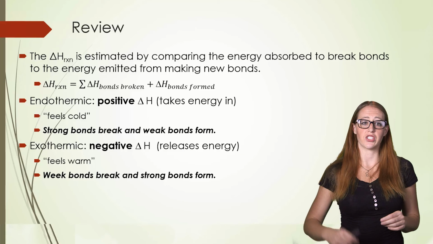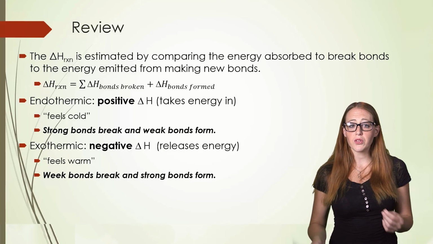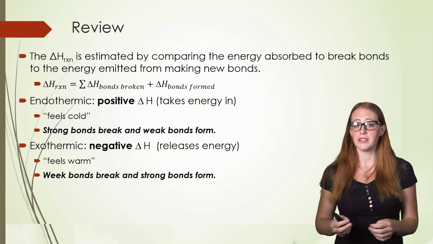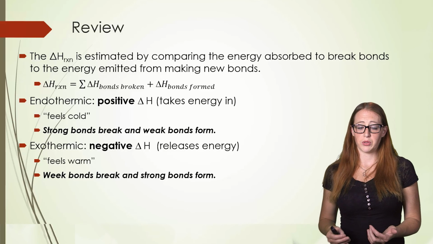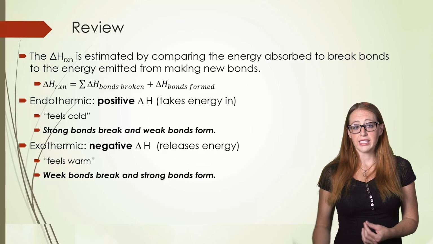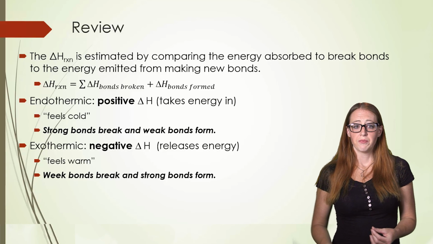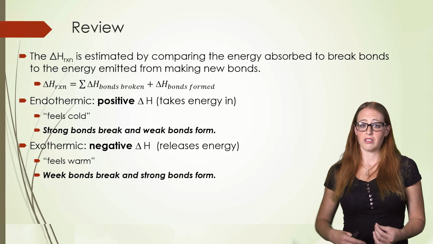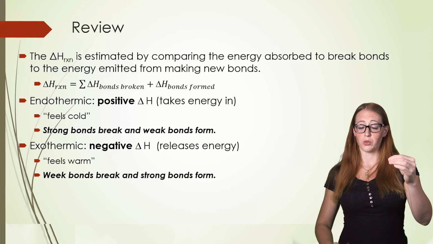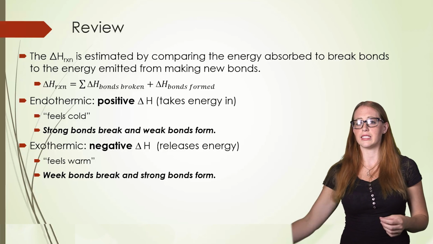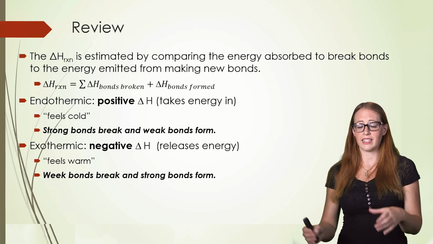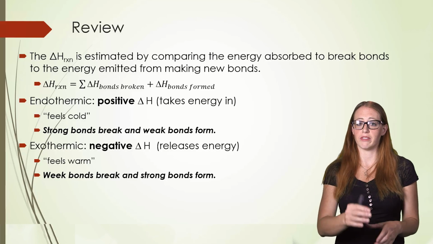It took in energy to get to your products. So those are going to feel cold to us because it's actually using the energy of your body heat to do the reaction. Meanwhile, an exothermic reaction has a negative delta H because the energy is going to go down in the products. So this feels warm because it's releasing energy. So if you put your hands on it, your hands are absorbing the energy from the reaction.